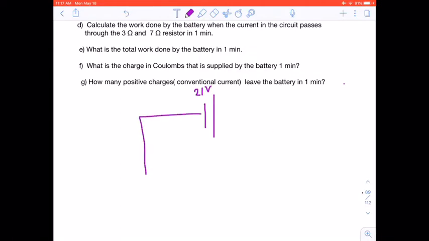Then we have a 3 ohm resistor, and we have a 7 ohm resistor. I've made the 7 ohm resistor slightly longer.